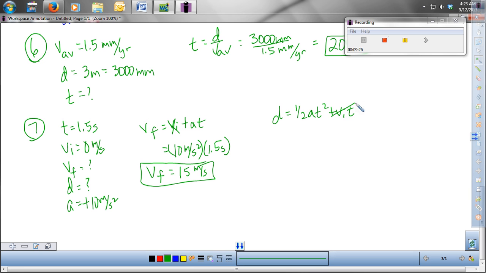Again, VI is 0, so we can ignore that. 1/2, A is 10, and T is 1.5. Don't forget to square it. So that's 2.25 times 10 is 22.5, and half of that is 11.25 meters.